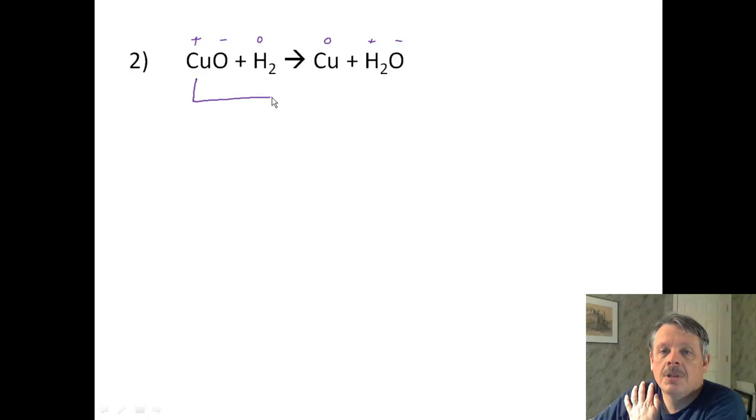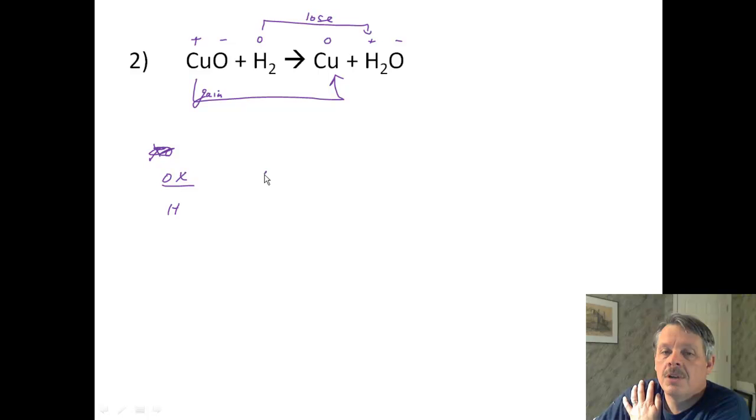But copper, on the other hand, is going from positive to no charge, so it is gaining electrons. And hydrogen is going from no charge to being positive, so it is losing electrons. So hydrogen is oxidized, and the thing that is reduced is the copper.